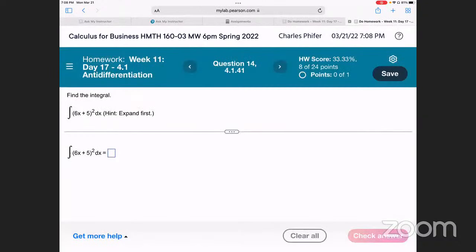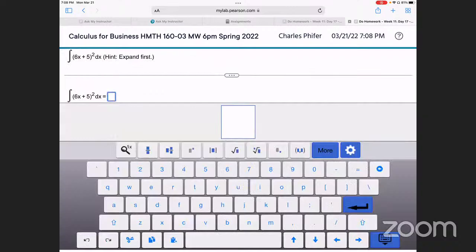Okay. The integral, expand first. So if we expand that, first times first is 36x squared. Then 10 times 6 is 60, so plus 60x, and then plus 25.